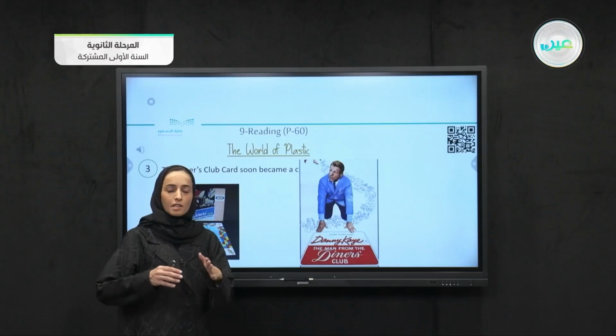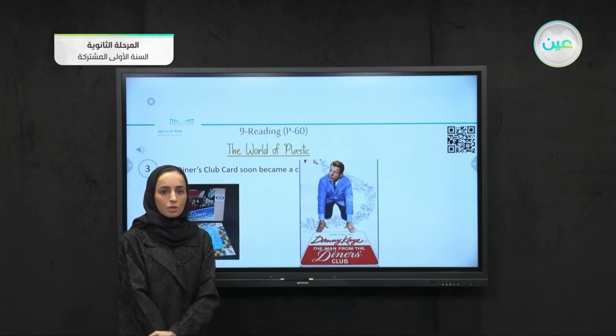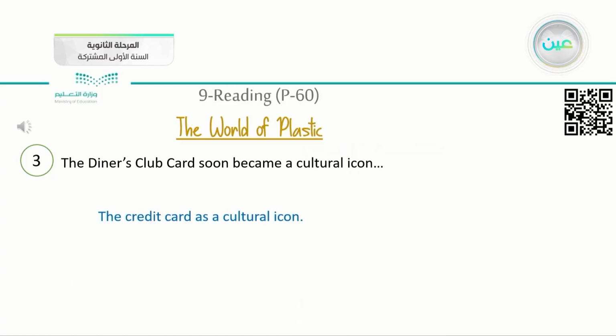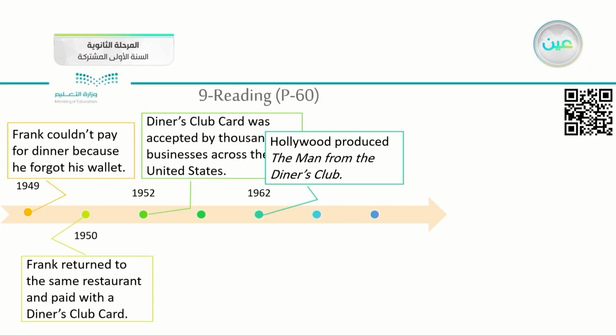Then it expanded outside the country, outside the United States. So the main idea in here is the credit card as a cultural icon. It became an American idea. So we have mentioned in this paragraph 1962. What happened in 1962? In 1962, Hollywood produced the movie The Man from the Diners Club. It became a cultural icon.